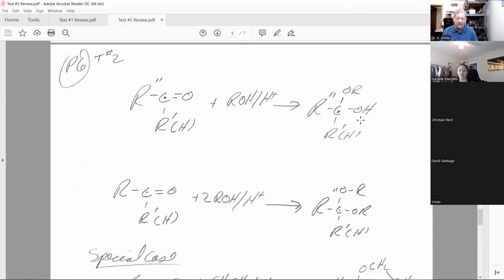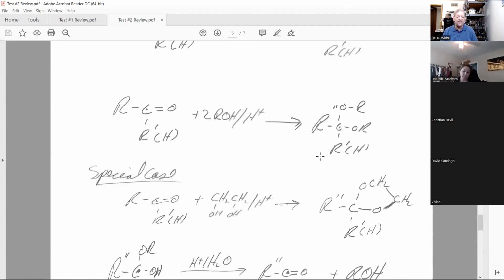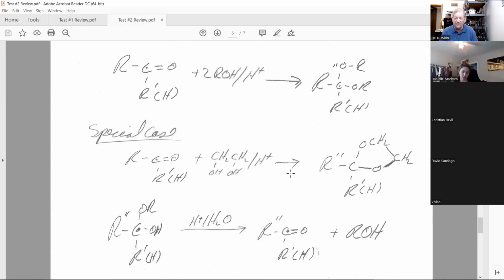And you form a hemiacetal or hemiketal. If you react a ketone or an aldehyde with 2 molecules of alcohol and acid, you'll get an acetal or ketal. Now, a special case, which my PhD advisor's advisor, Dr. Stewart, came up with, is how to protect ketones or aldehydes using ethylene glycol.